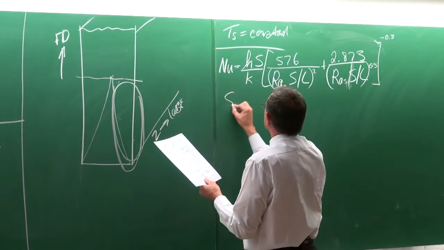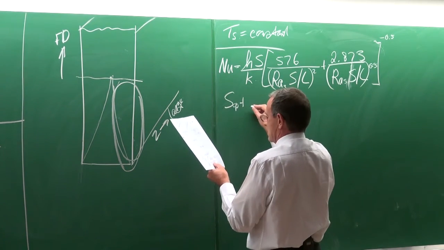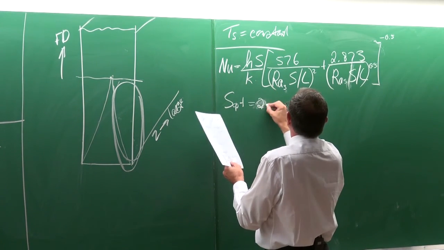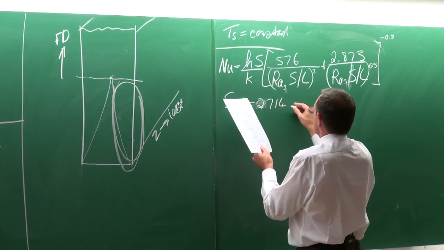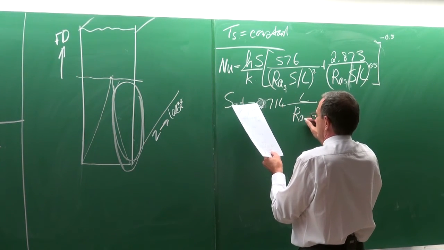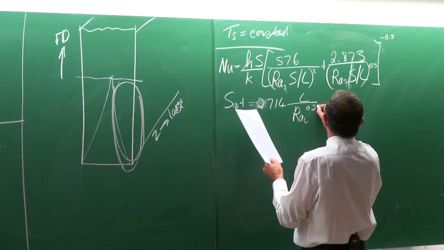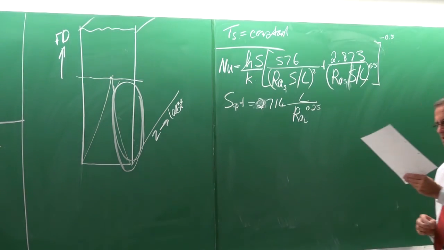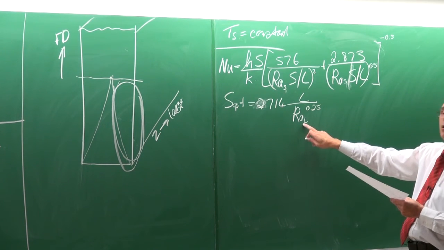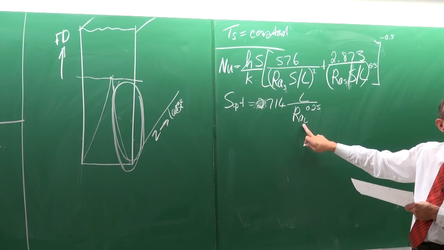And the optimum has been solved by Avi Bar-Cohen, and that is equal to 2.714 multiplied by L divided by the Rayleigh number to the power 0.25. I see a Rayleigh L here. I cannot now remember if it's an L or an S. Is it an L?